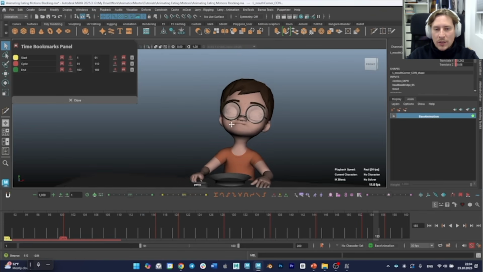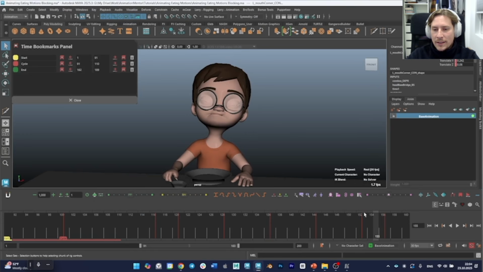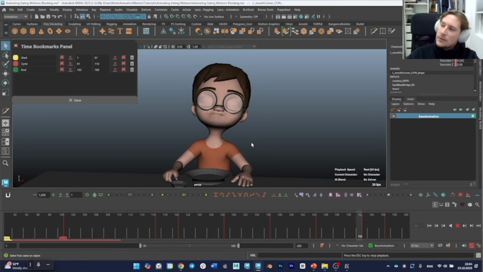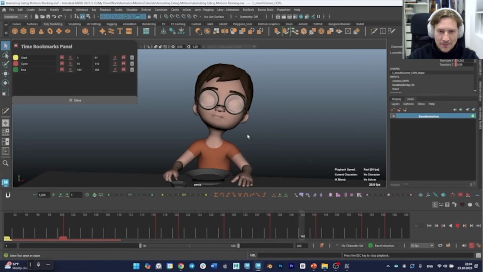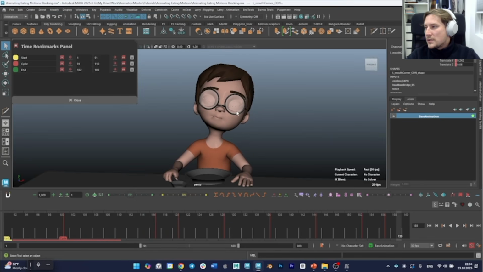And as you can see, I'm also adding motion not only on the jaw, but also on the head and the body. So yeah, a little bit of overacting here. And eyes closed because all senses, as I said before, are focusing on figuring out how good this food actually is.